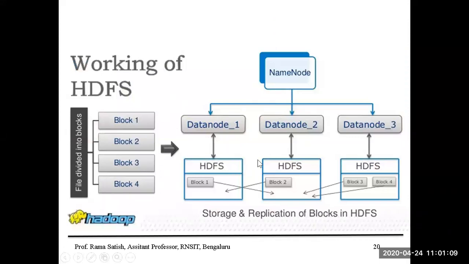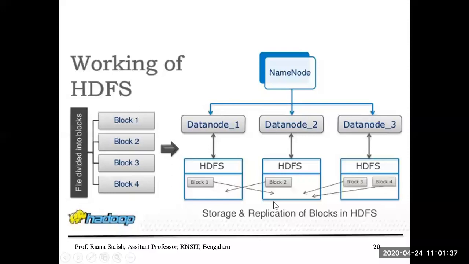The name node is just like a manager in a firm. If a file comes, it gives an indication of which block has to go to which data node. The decision is taken by the name node.